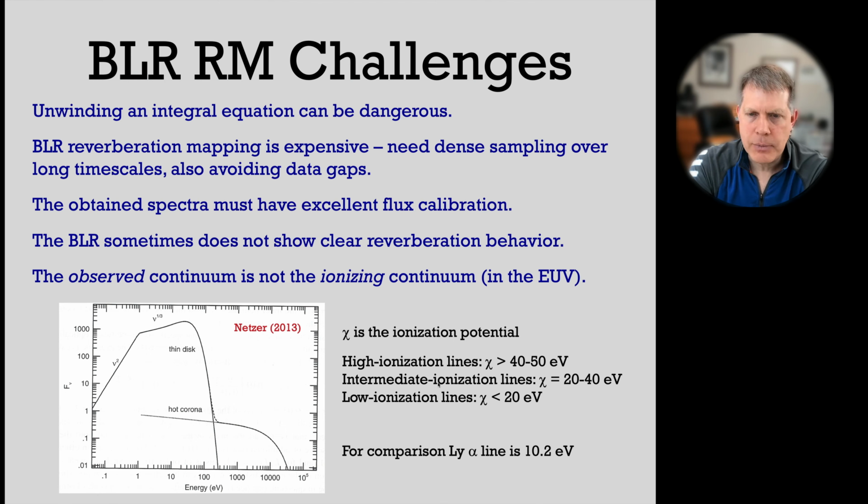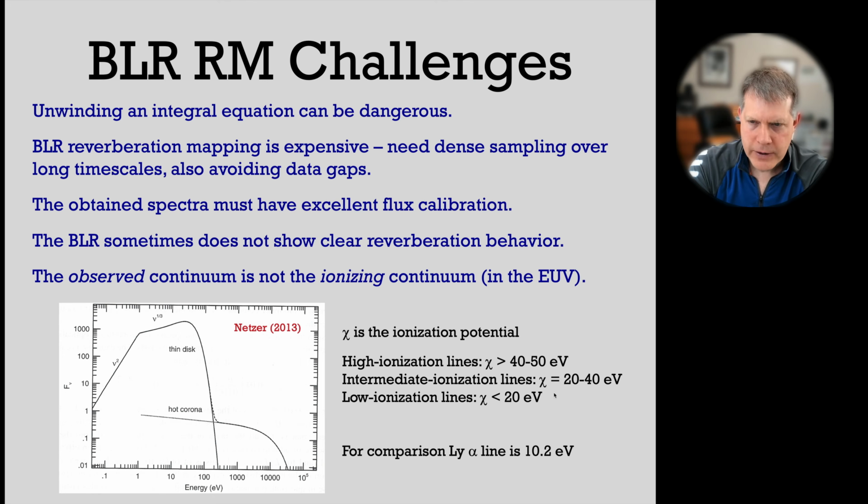And I've given some characteristic numbers here. If you define this chi parameter to be the ionization potential, well, for high ionization lines, the ionization potential is 40 to 50 electron volts. For intermediate ionization lines, it's like 20 to 40 electron volts. And for low ionization lines, you're typically down at less than 20 electron volts.